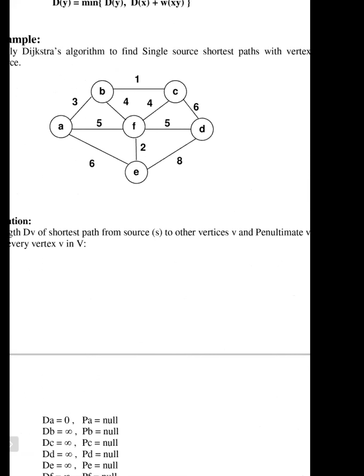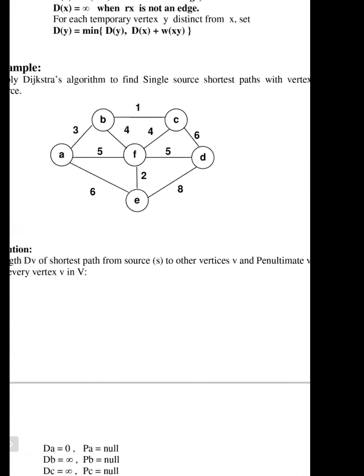Now we want to calculate the direct shortest distance of D. Earlier it is infinity. Now the minimum of DD is equal to minimum of infinity comma D of C, that is 3 plus 1, 4, and 4 plus 6 is 10.